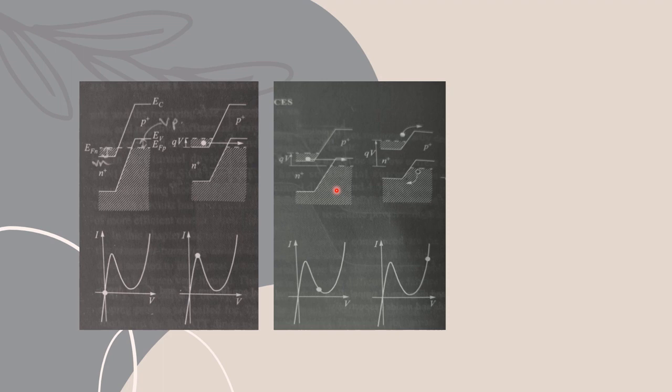Then if we still further increase the voltage, we get the normal diffusion current.